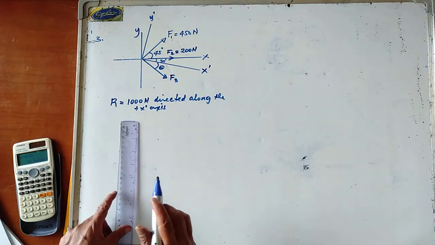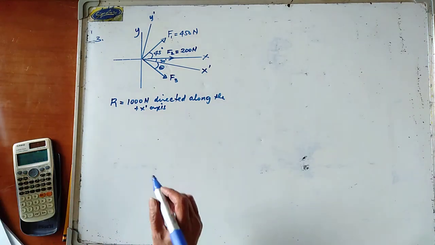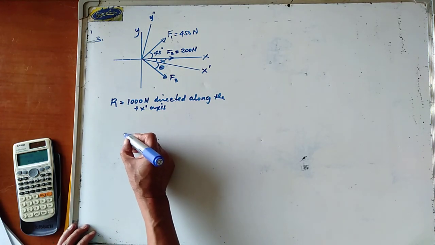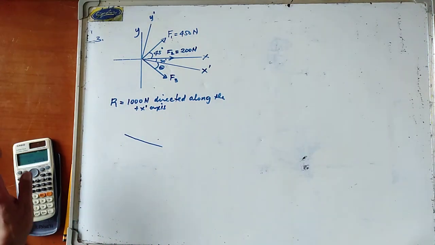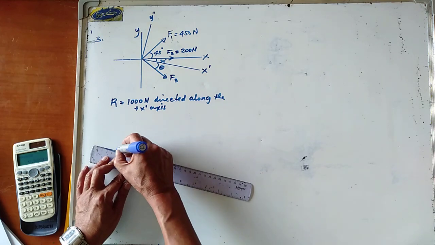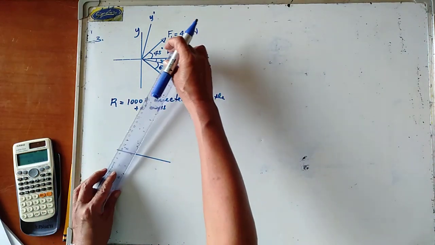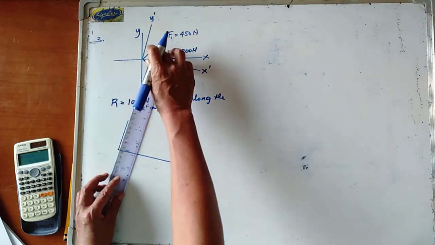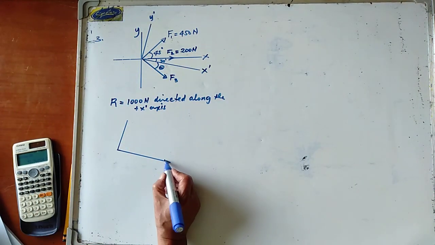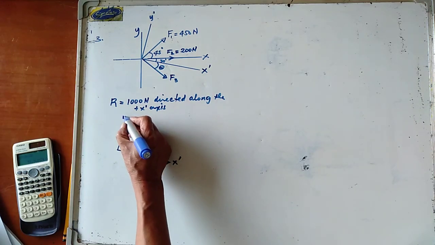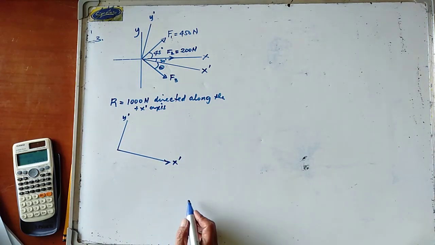So this one in here is now your x prime, and this one in here is now your y prime.